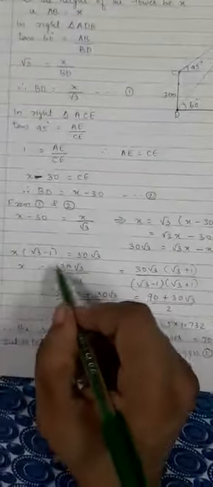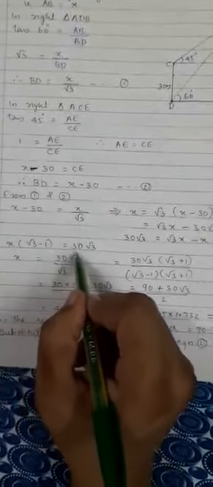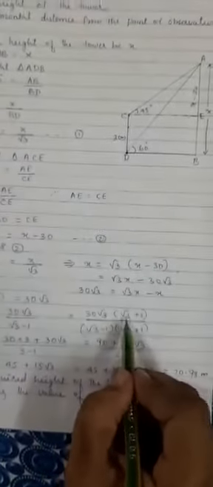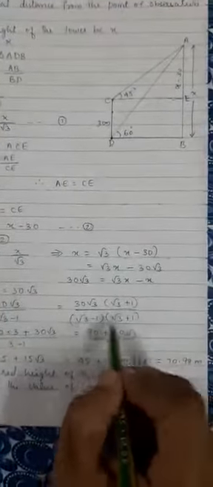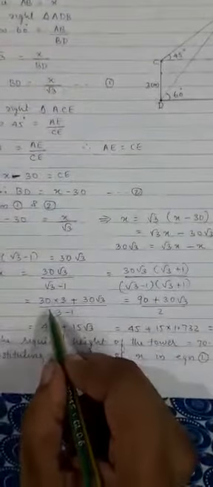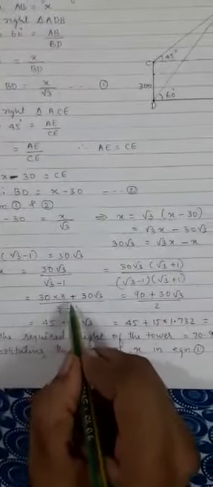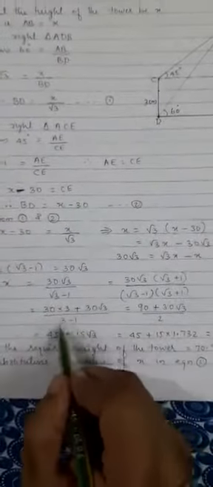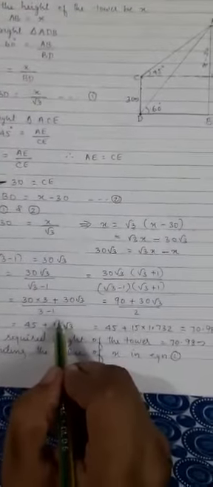Therefore, x into root 3 minus 1 equals 30 root 3. x is equal to 30 root 3 divided by root 3 minus 1, equal to 30 root 3 into root 3 plus 1 divided by root 3 minus 1 into root 3 plus 1, equal to 30 into 3 plus 30 root 3 divided by 3 minus 1.